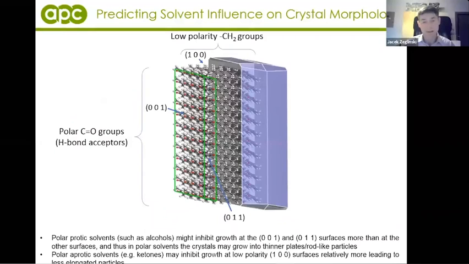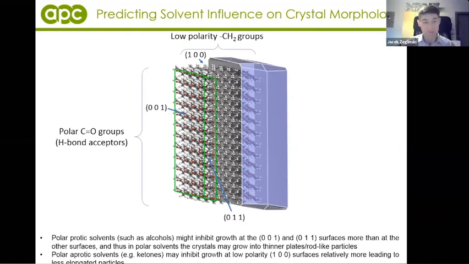Ideally, we would like to predict the influence of solvent on the morphology, on the shape of crystals. And sometimes we're able to analyze in more detail or to find some correlation between the surface termination, or surface chemistry, of particles and the morphology. Sometimes we are trying to hypothesize what could be the impact of a particular solvent type.